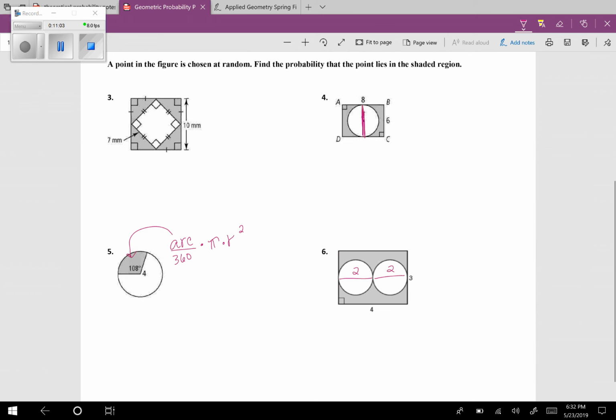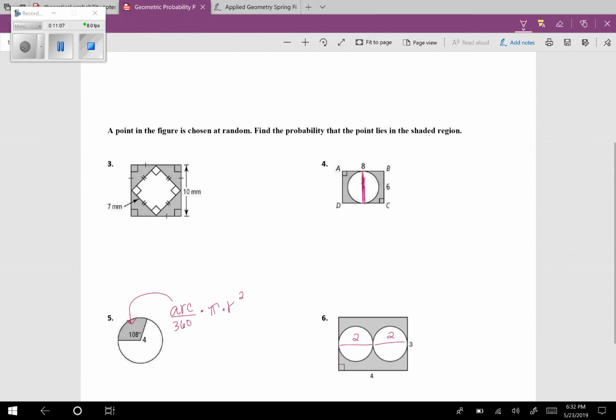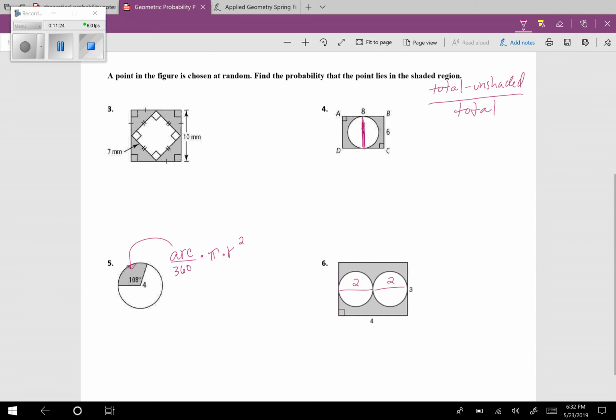So on these ones, remember, it's the total minus the unshaded out of the total, and then that would give you the probability.